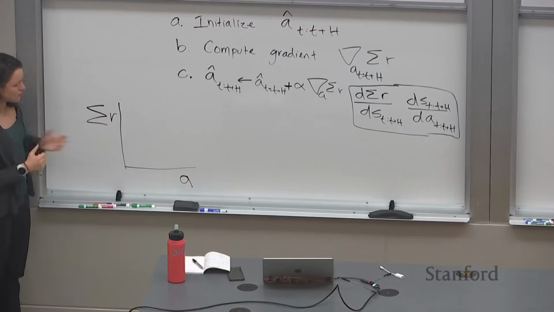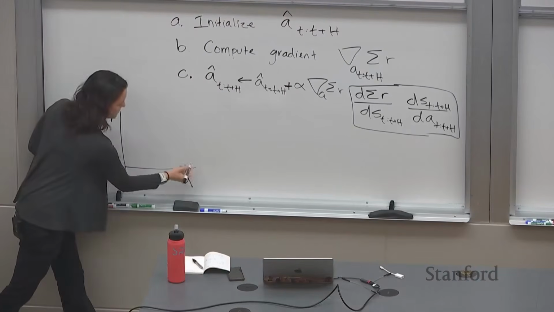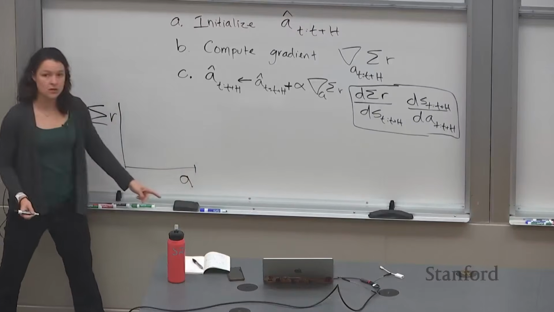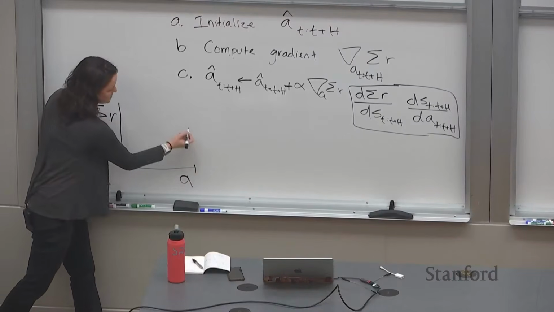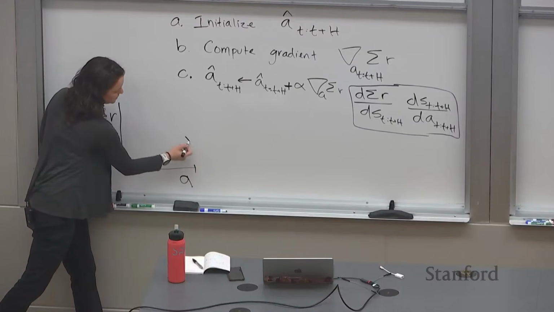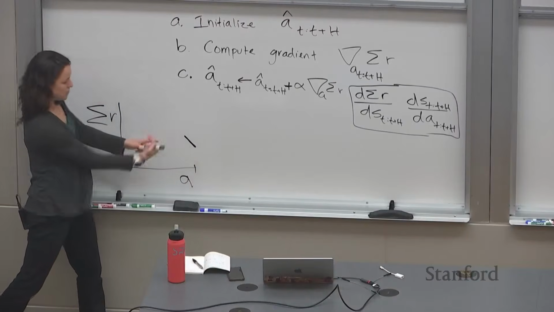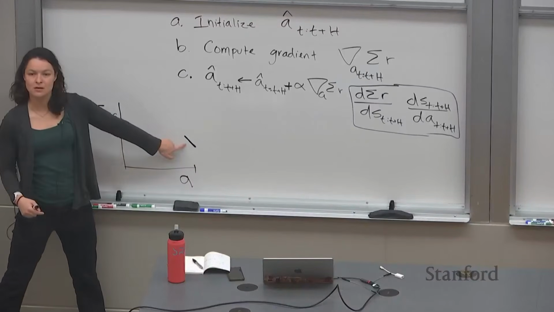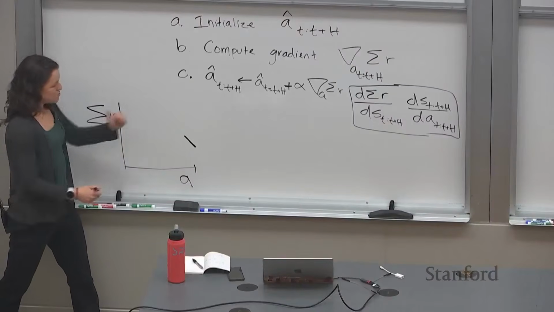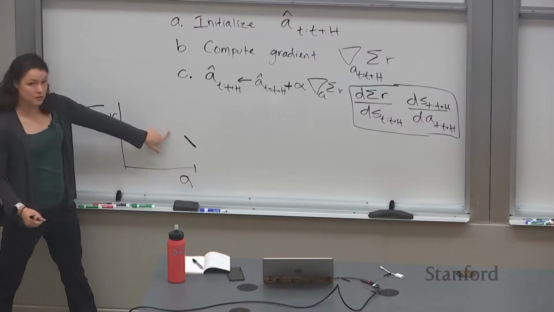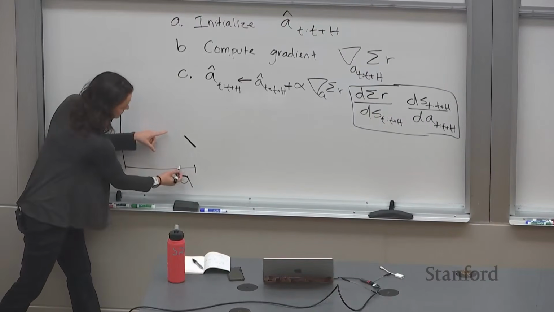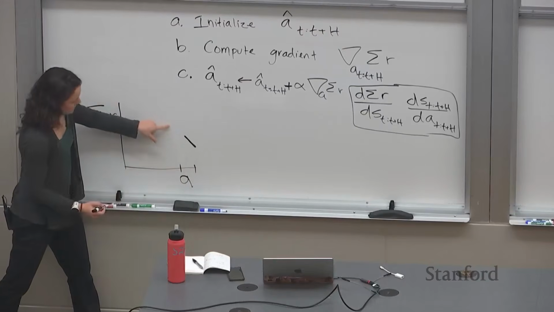So the way that gradient descent works is you randomly initialize some action, like right here, and then you evaluate the gradient at that position. Maybe you find that the gradient is pointed this way, and you say, okay, I should move over here. Then you choose this action because that's a step size away.